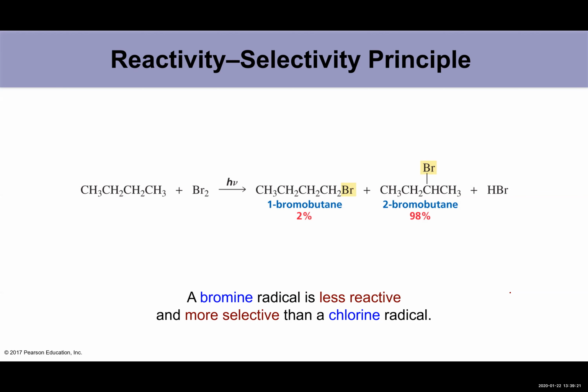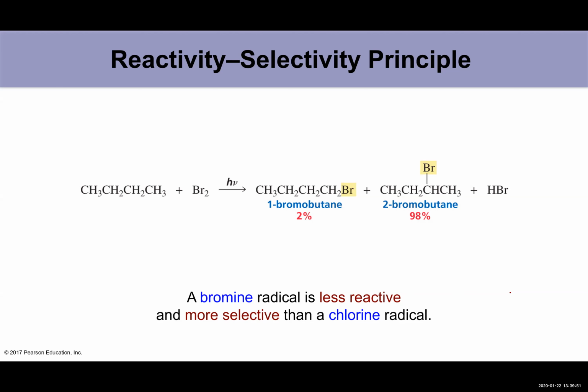It's already secondary. And when you do chlorination, it was much lower, right? It was like 20, 21, 22% or something. 29 for this guy. So yeah, bromine, and there's a general principle that goes along with this. The less reactive a reaction is, generally speaking, the more selective it ends up being.